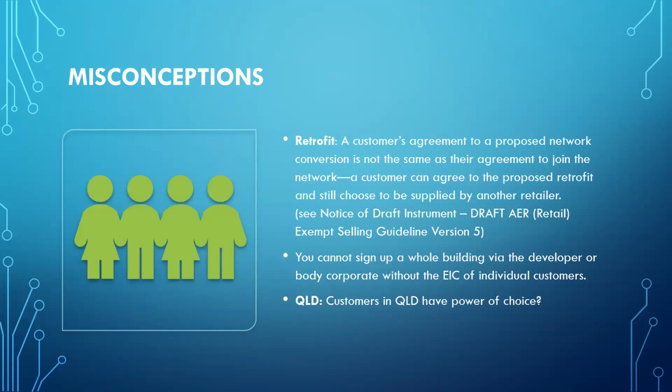The only reason that they would want to stay in is if you're offering an offer that is better than what they would be able to receive from grid-sourced electricity or another authorised retailer.